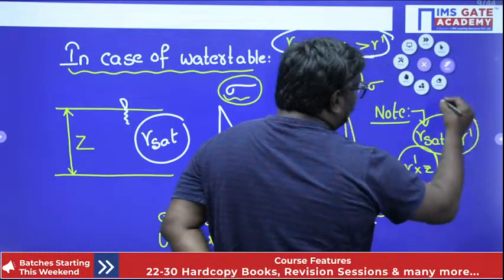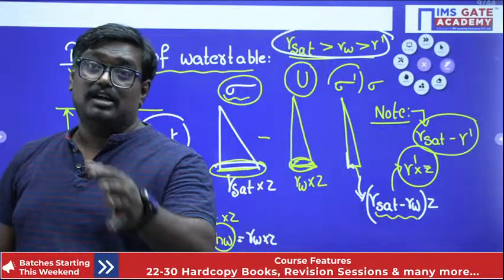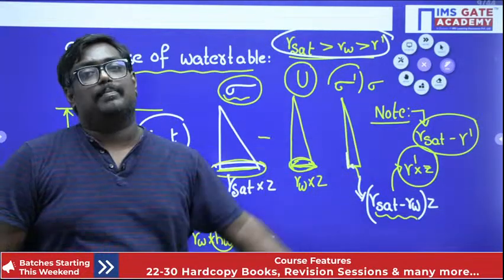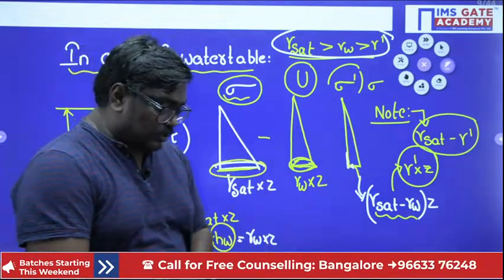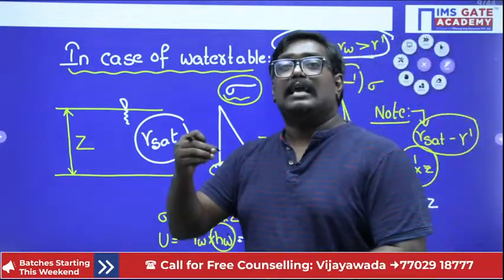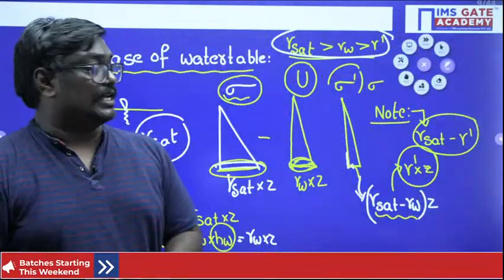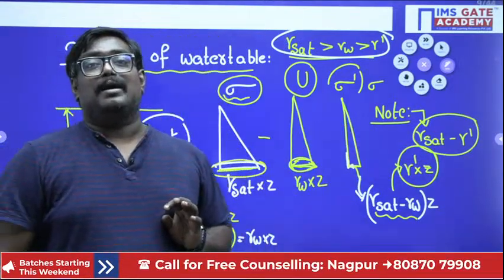I am telling you clear shortcuts. I will show you how easily we can solve the problem also. Please write down, my dear students, in case of water table, during the calculation of the effective stress, gamma sat will be replaced by gamma dash.